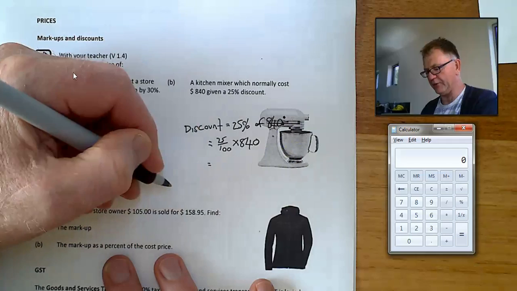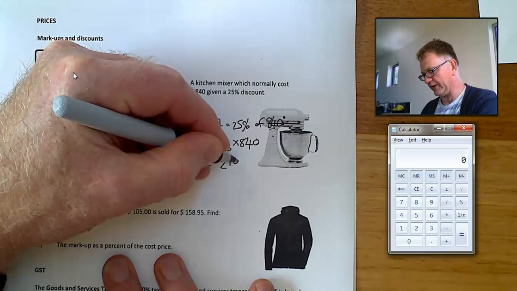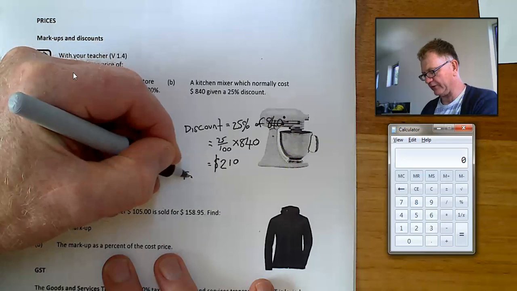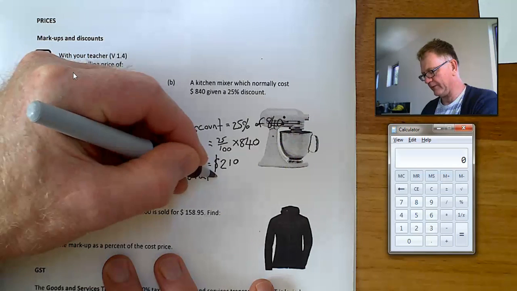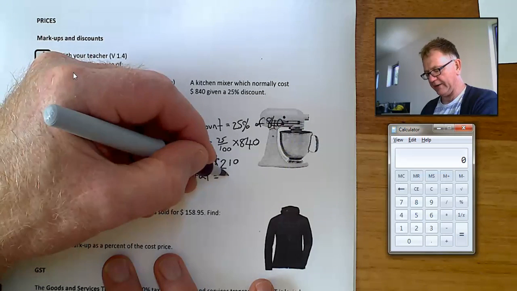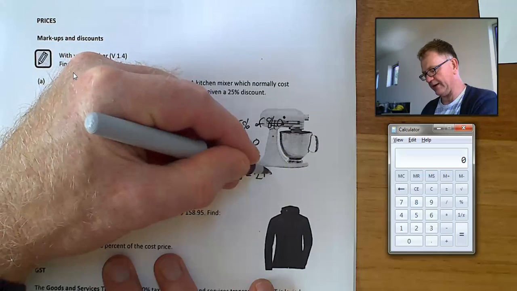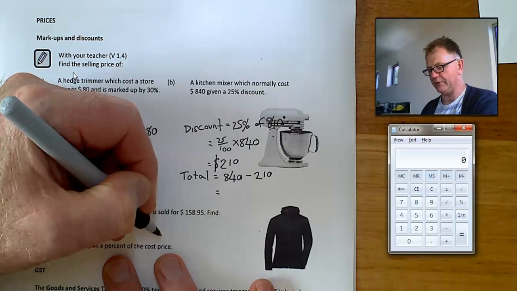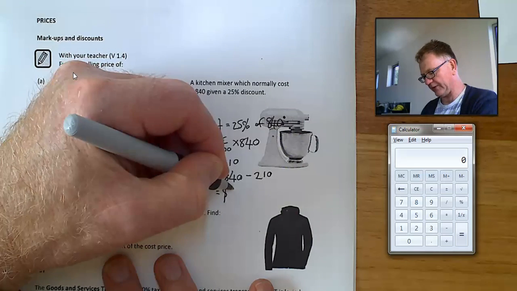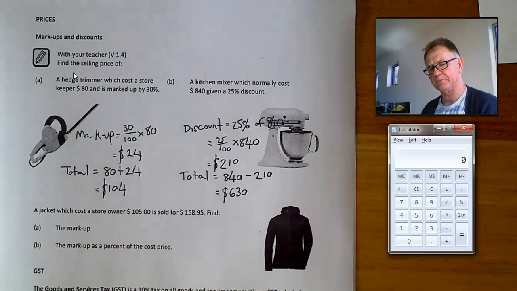I've done this beforehand. You could check on the calculator. The discount amounts to $210. And so that will end up giving us a total: we get the 840 that it was costing, we're going to discount it or mark it down, cut the price down by $210. Final price works out to be $630. Check my calculations.